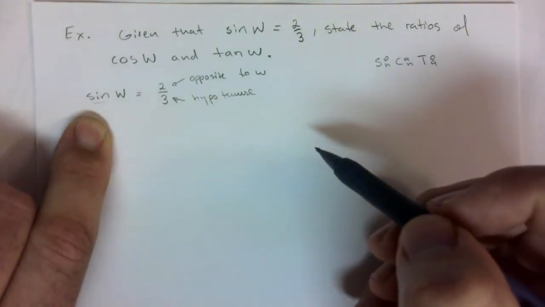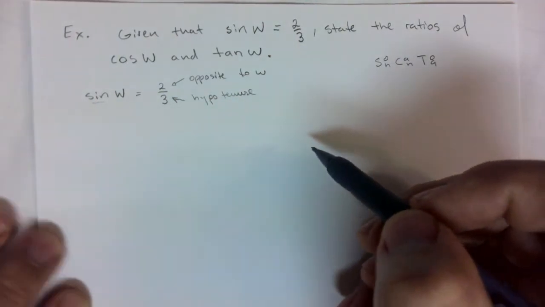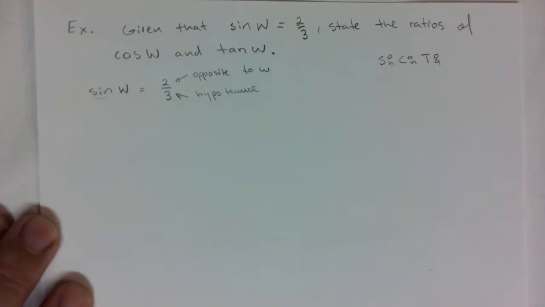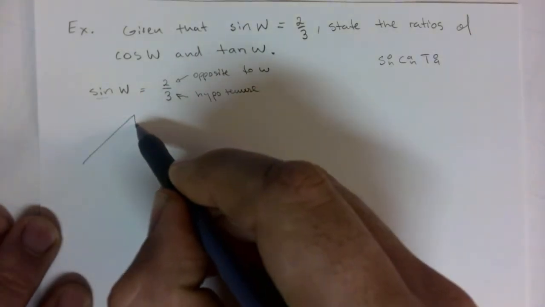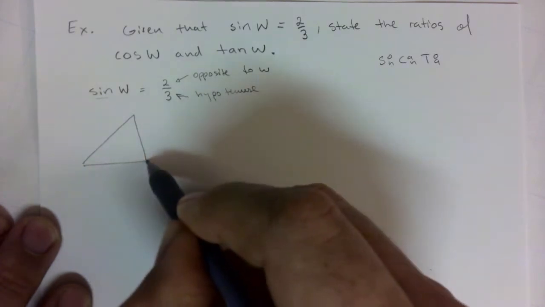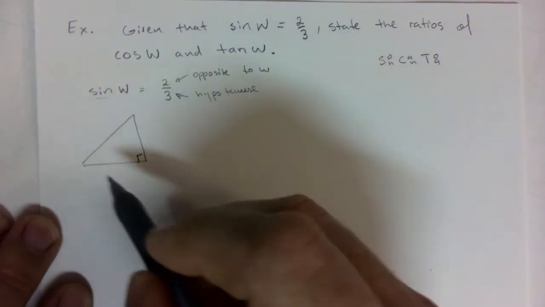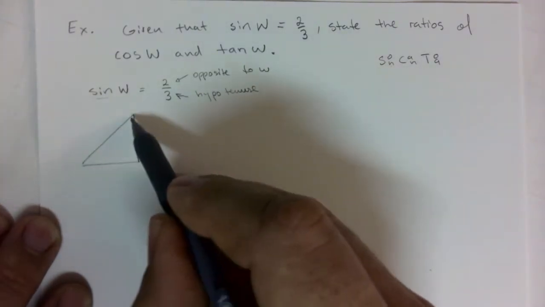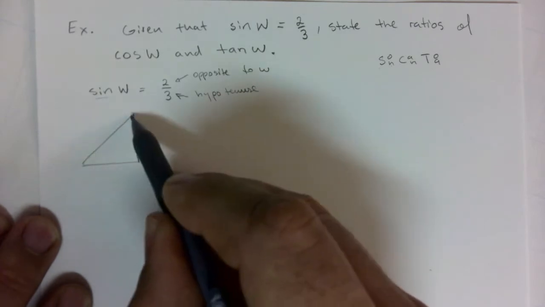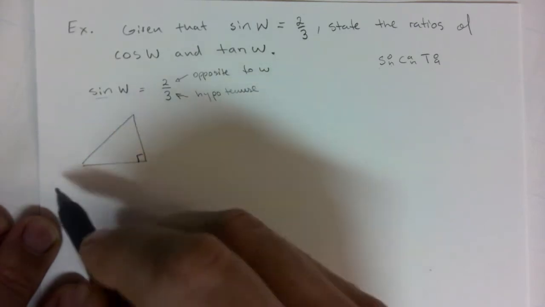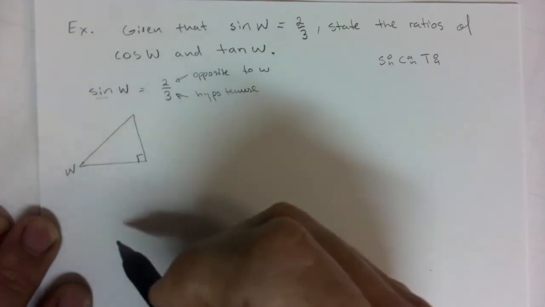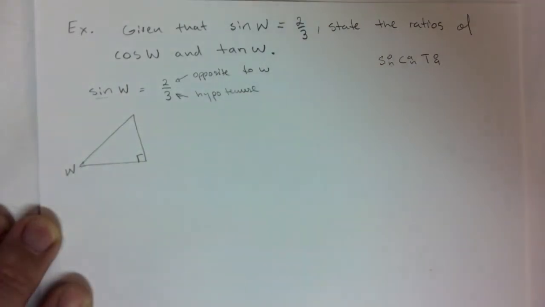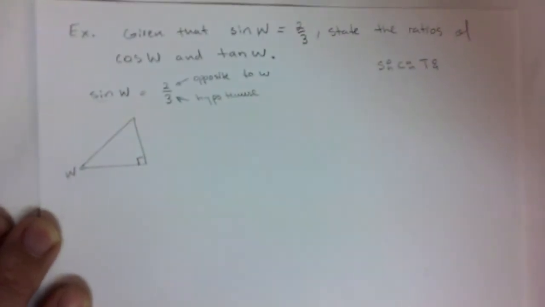Okay, I know that. So now I would strongly suggest you draw a little triangle, right? It doesn't have to be fancy or to scale, nothing like that. And position w as one of the acute angles. So we'll position it here just for practical purposes. It's better for it to be there, it's easier to work with.